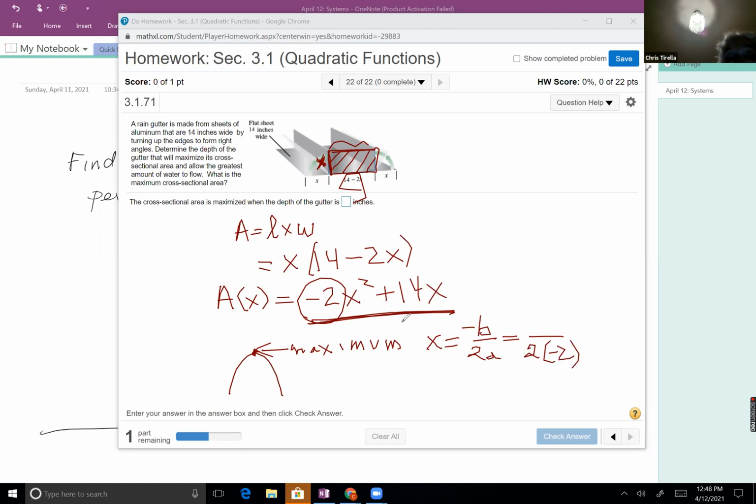B is the coefficient on x, which is 14, so that's negative 14. That gives me negative 14 over negative 4, which is 3.5. And so it's maximized when the depth is 3.5 inches, and then we can substitute back in to find the area.